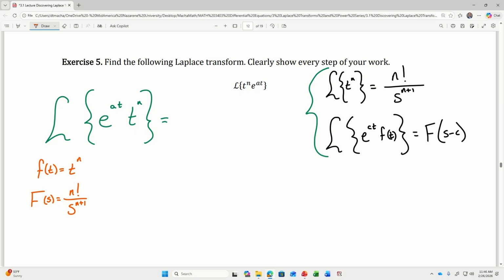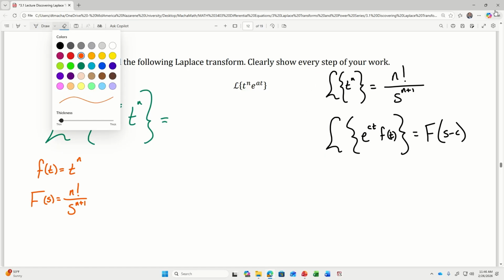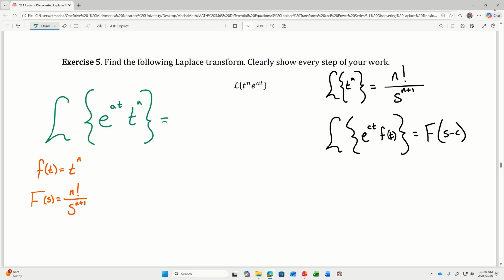So going back to the green, what is the green Laplace transform? Would you replace the s with s minus a? So I'm going to write n factorial divided by s minus a raised to the power n plus 1.